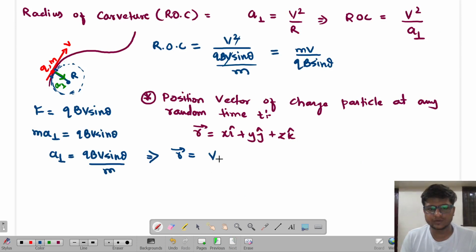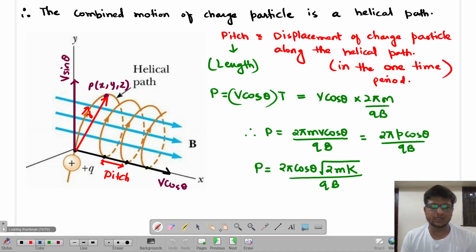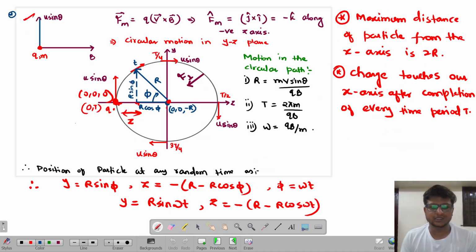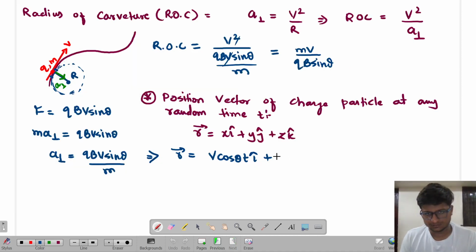Basically, let us change it to v. So it is v cos theta t i cap. The y coordinate, we just calculated, is r sine omega t j cap. And the z component is minus of r minus r cos omega t.